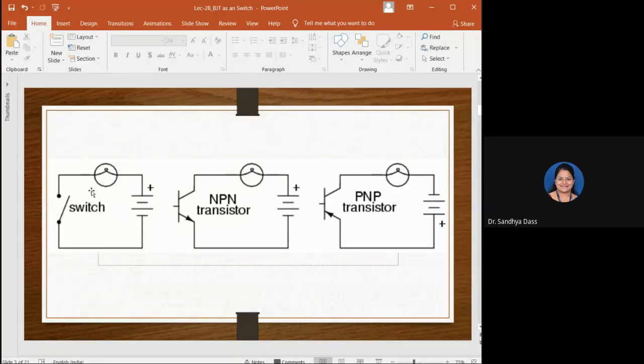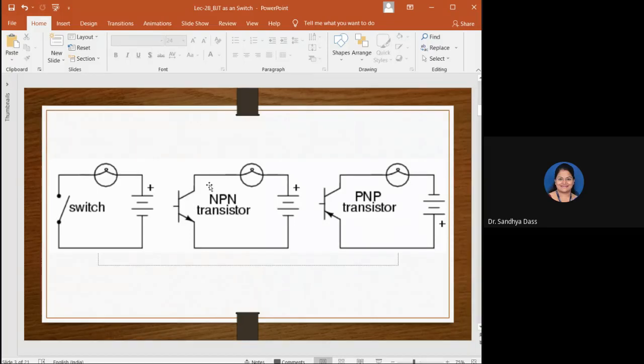So depending on the position of the switch, whether closed or open, there is full current or no current flowing through the circuit, and the bulb can be turned on or off. In such applications you can use BJTs also.